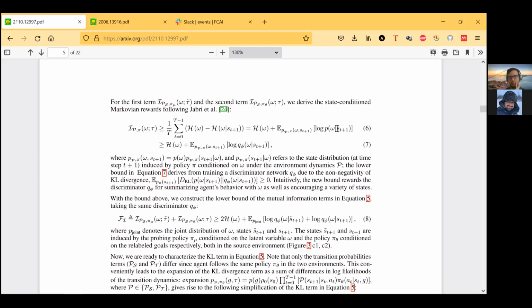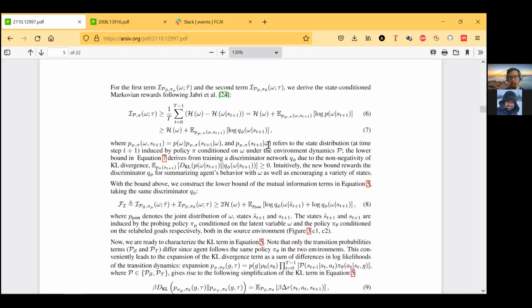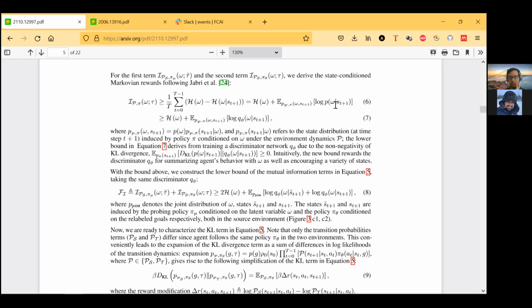And to be able to compute this, they use a learned density function that they optimize by maximum likelihood. So you have trajectories of states, and for each state, you know which goal the current policy is following, right? So you have a data set, and then they learn this distribution by fitting this parametric model.